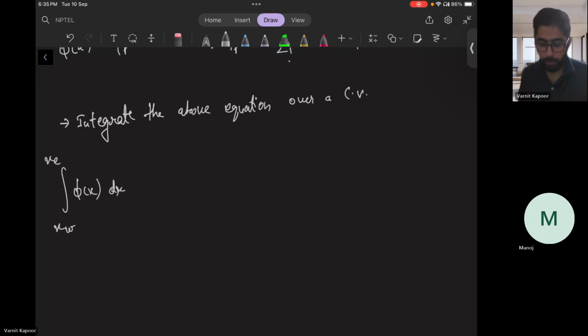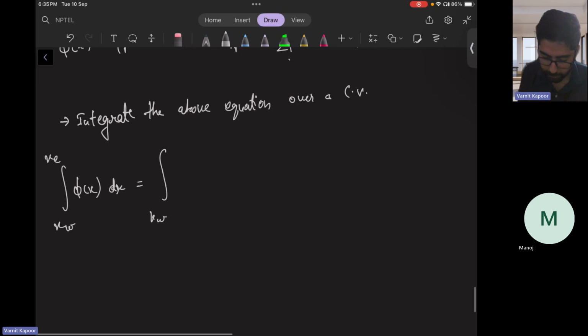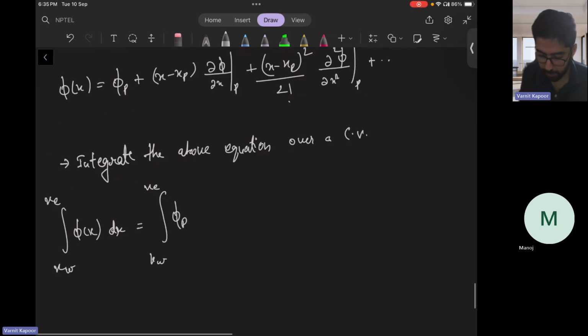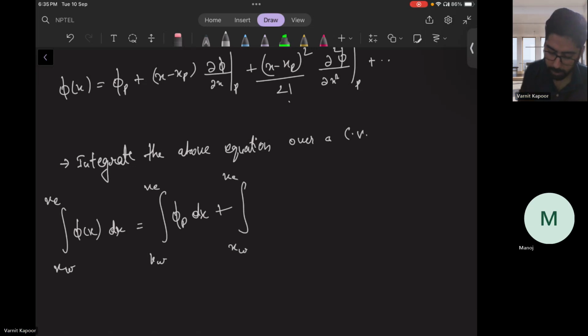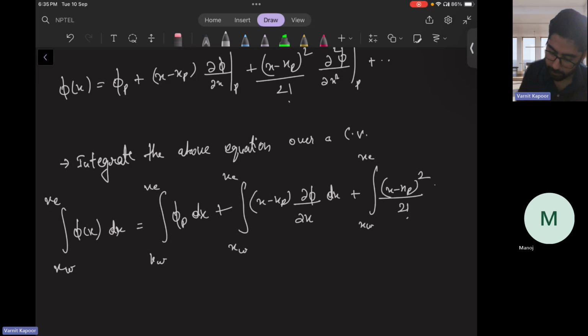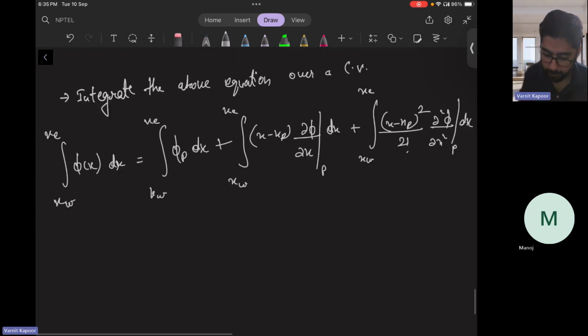Which will be equal to, the right hand side of the expansion: integral from x west to x east of phi P dx, plus again integral from x west to x east of (x minus xP) dou phi by dou x dx, plus integral from x west to x east of (x minus xP) whole square by 2 factorial dou 2 phi by dou x square about P dx. Okay. So what can I write this first term?